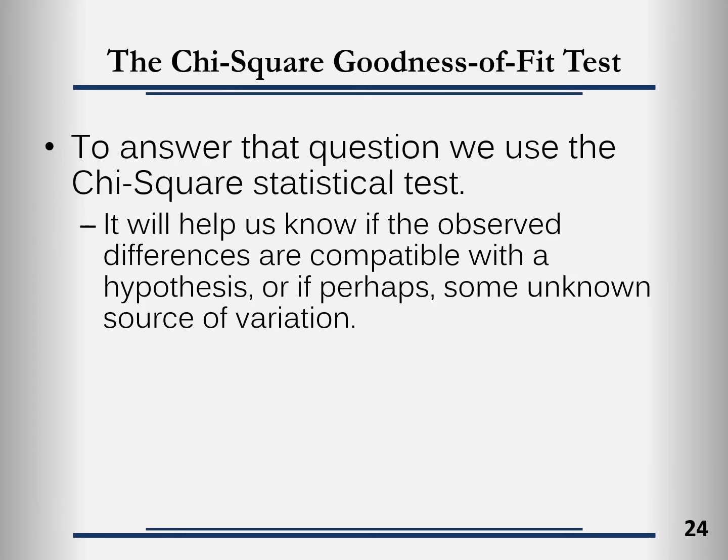To answer this question, we have to do a statistical test, and the statistical test we're going to discuss in this course is the chi-square test. Now, the purpose of the chi-square test is to help us understand whether or not the differences in our observed values are compatible with our hypothesis, or if the difference is based on some other unknown source of variation.